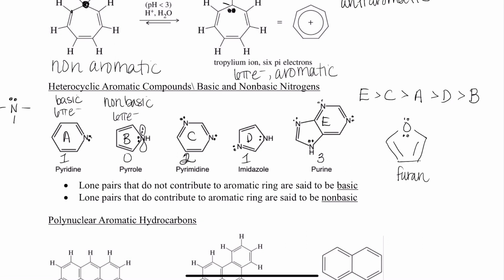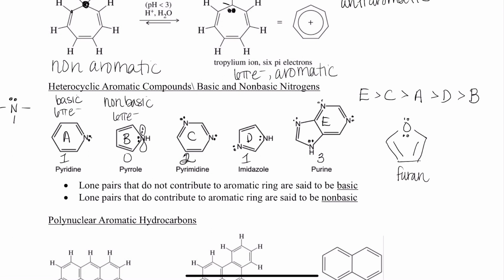Furan is going to be an aromatic compound. This is a cyclic structure. It's conjugated. Our oxygen now has 2 lone pairs though. So this lone pair right here is going to be in a p orbital that will be contributing to our ring, whereas this lone pair will be in a hybridized orbital that is not contributing to the ring.